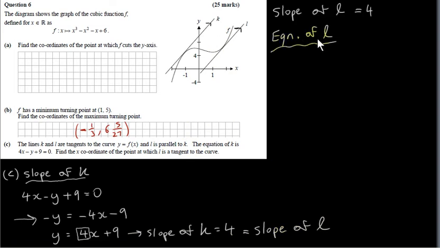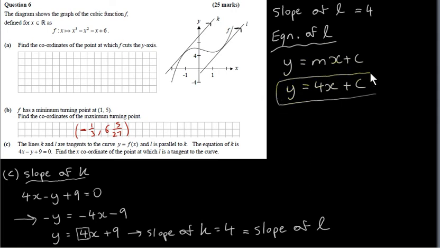Now, let's consider the equation of L. The equation of any line can be written in the form y equals mx plus c. This is the equation of any straight line. We know the slope m, we know it is 4. So we can write the equation of L as y equals 4x plus c. We don't know what this number c is, we don't have enough information. But knowing the slope is 4, we can at least say that L has this equation.